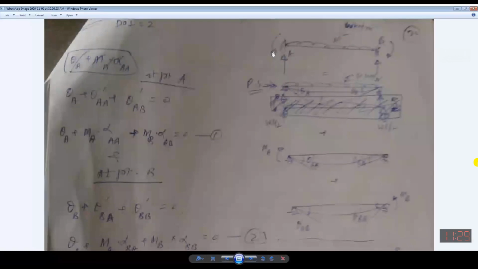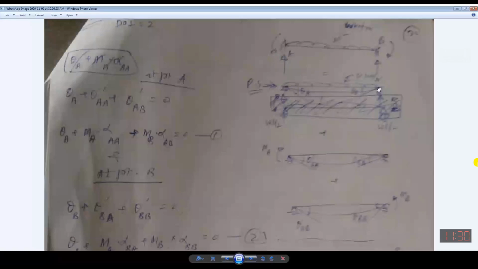So this is the beam. This beam is equal to this beam, which is given, with actual loading, primary structure. Then this is unknown and this is unknown. The remaining structure is simply supported, and you will develop the equation.